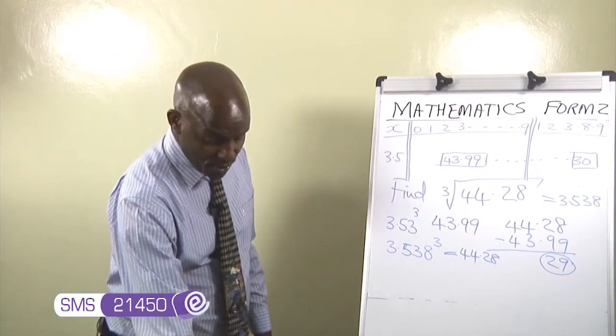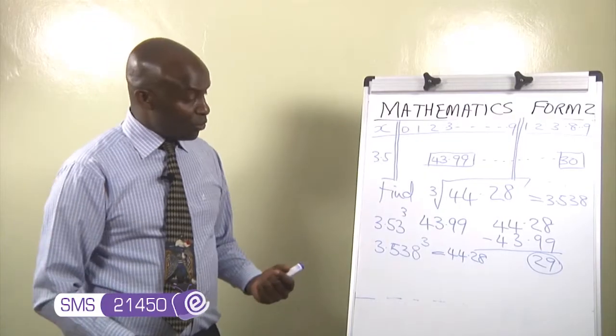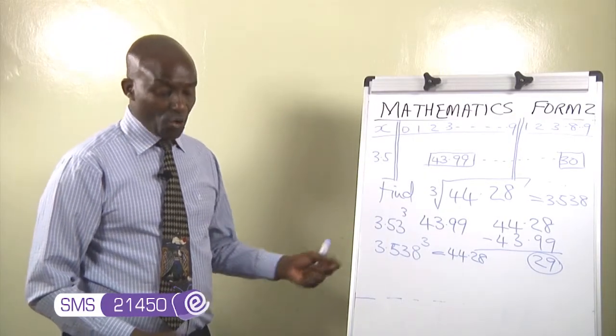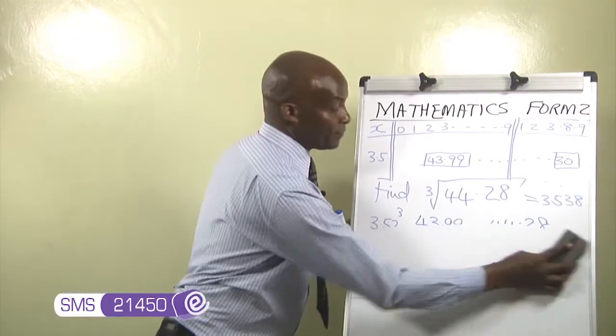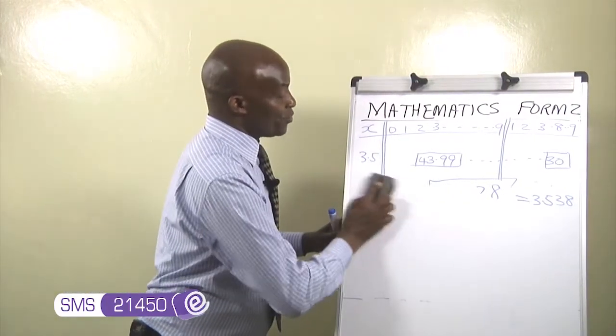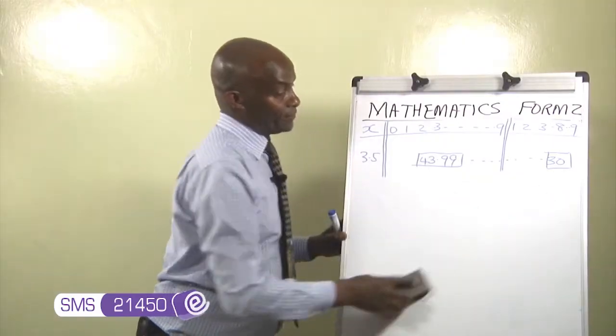Now I think I will go to finding the cube root of a number that is greater than 1,000. How do we get that?